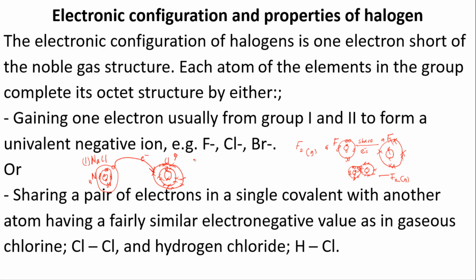When it does that, what happens? Sodium becomes plus. It has lost 1 electron. If sodium has lost an electron, the electron shell will have become complete now. It will become what? 10. Then what happens to the chlorine? Chlorine will have gained the what? The electrons will become 8. Both of them will now be very happy.